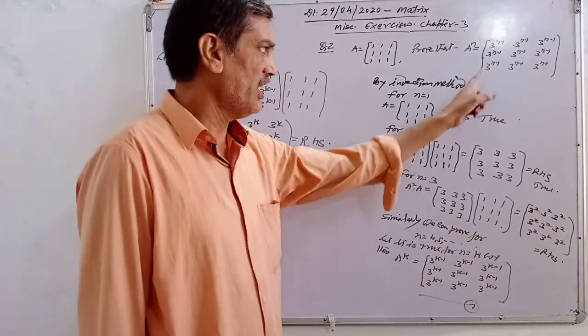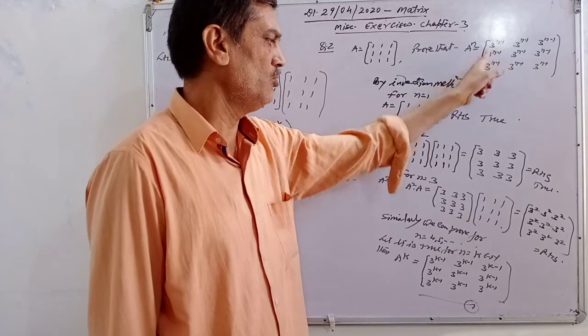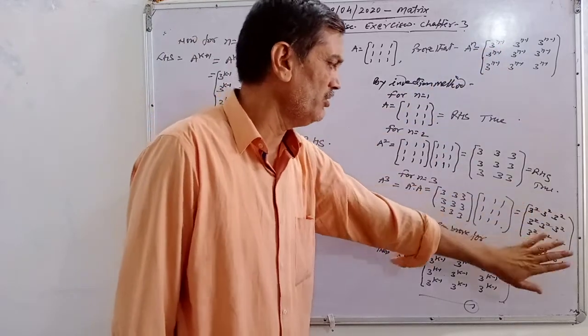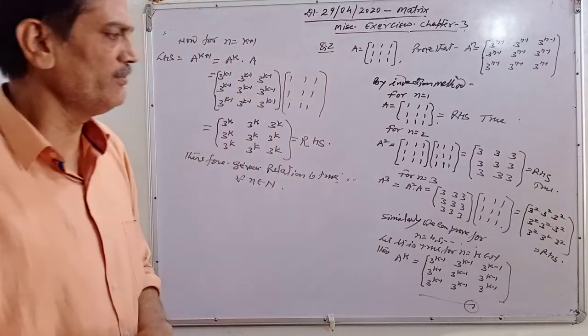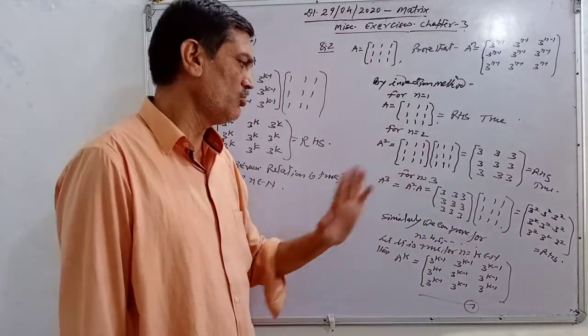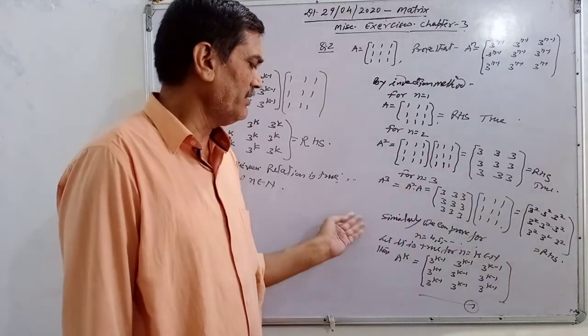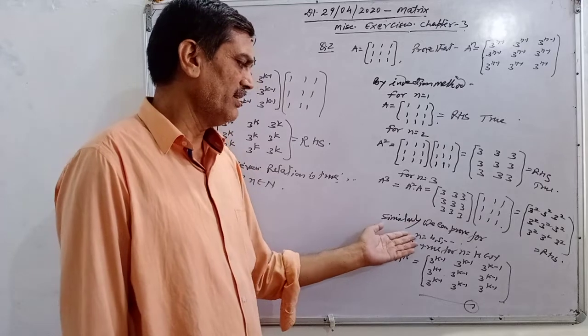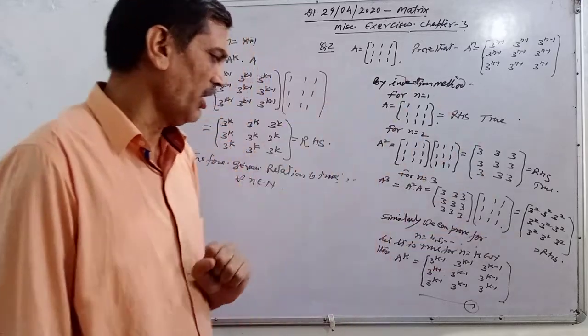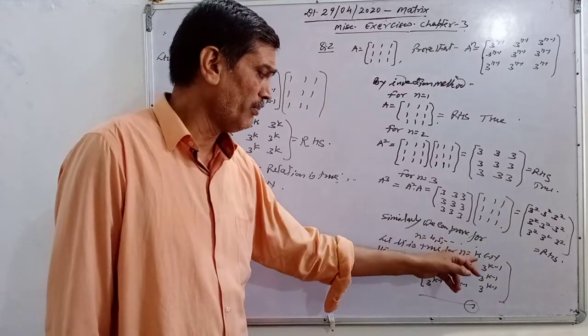And on the right side, when you put n is equal to 3, what will you get? 3 minus 1, 2, 3 square, you will get this matrix, means left is equal to right. So it is true for n is equal to 3 also. Similarly we can prove that for n is equal to 4, 5 and so on.